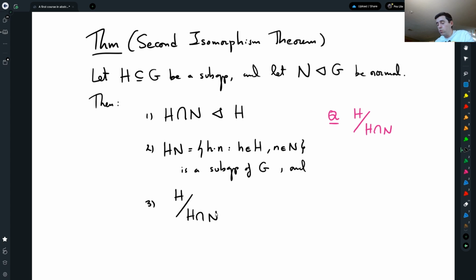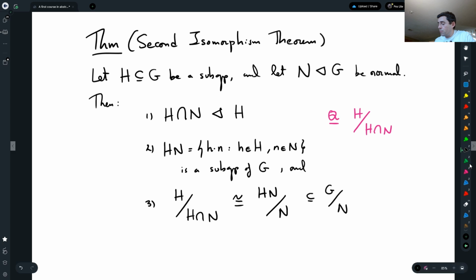H modulo H intersect N is isomorphic to HN modulo N, which is in turn a subgroup of G modulo N. So it gives me an isomorphism type for the quotient of H modulo H intersect N. I'm not going to prove this theorem, but I want to give you an idea of how to use it.